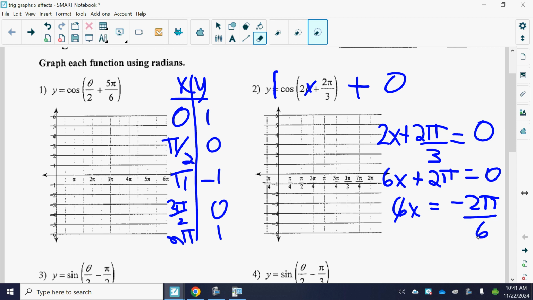Now, don't say 2/6. I will be mad at that. Say negative pi thirds. Negative pi thirds, Harrison, is the new 0. When I plug this in, it will get me 0.